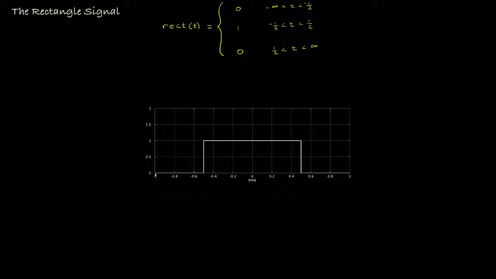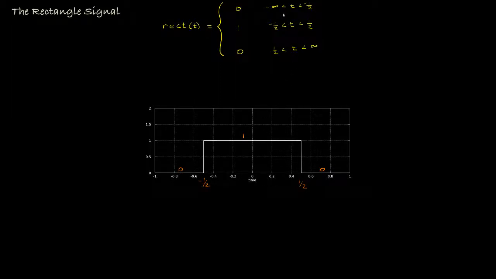For all times that are less than -1/2, the rectangle function or signal is equal to 0. For times that are in the interval between -1/2 and 1/2, the rectangle signal takes a value of 1. And for all times that are greater than 1/2, the rectangle signal takes a value of 0 again.